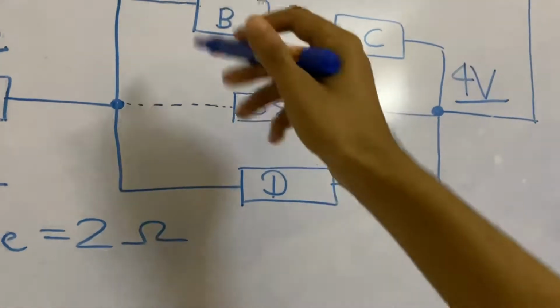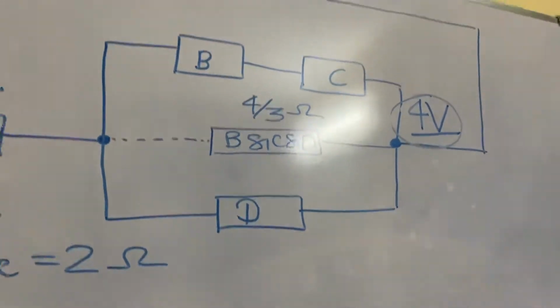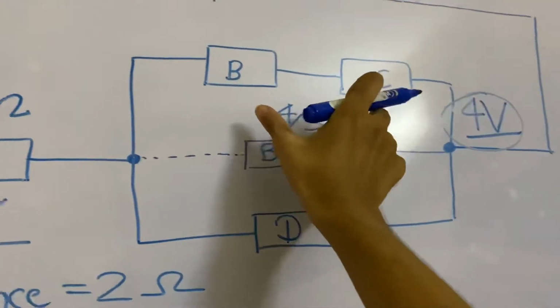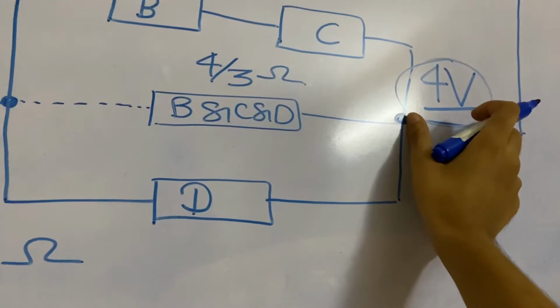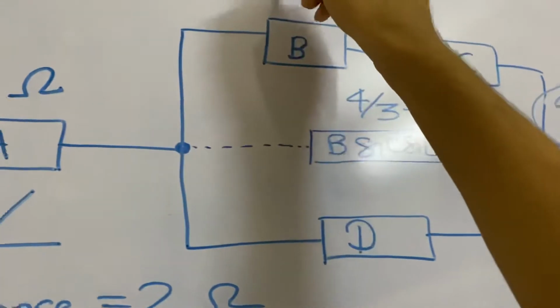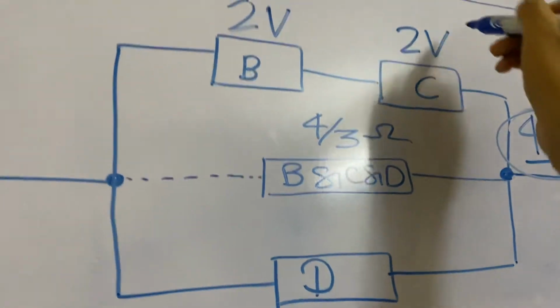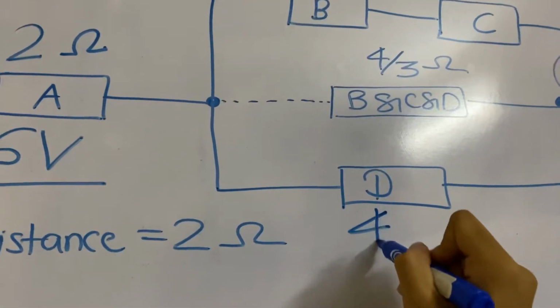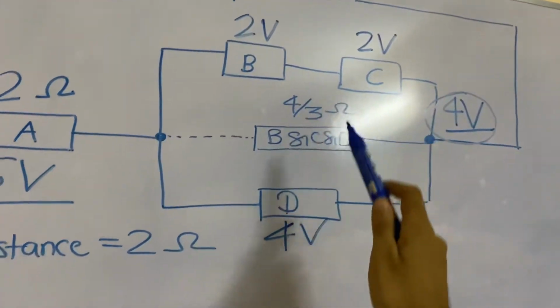Since these two have a total of 4 volts, and here there are two resistances, the voltage is divided equally between them. This has to be 4 volts, and this has to be 4 volts, and this is 4 volts, right? So this is 6 volts, 2 volts, 2 volts, 4 volts.